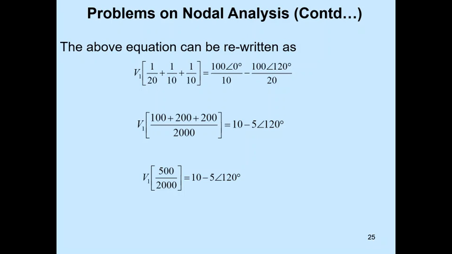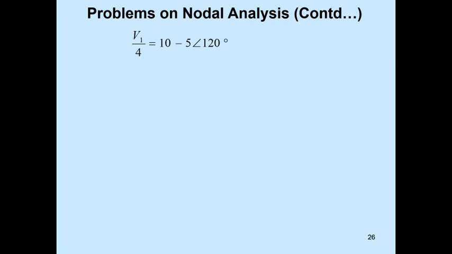So V1 into 1 by 4 is equal to 10 minus 5 at an angle of 120 degrees. See here, V1 by 4 is equal to 10 minus 5 at an angle of 120 degrees. So V1 is equal to 40 minus 20 at an angle of 120 degrees.